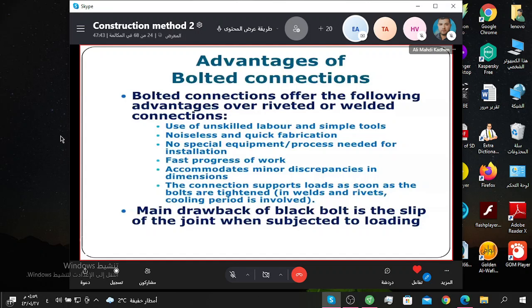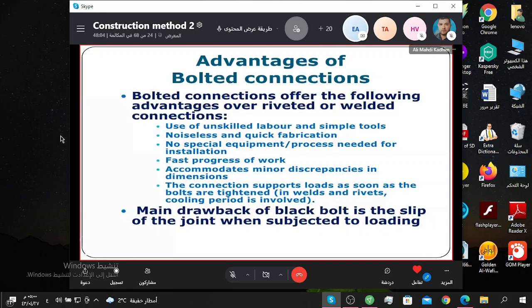Fast progress of work. Accommodate minor discrepancies in dimension. The connection supports load as soon as the bolts are tightened, whereas welding and riveting involve a cooling period.